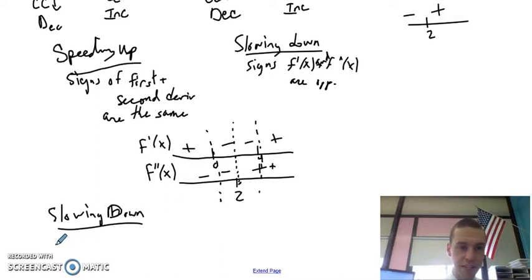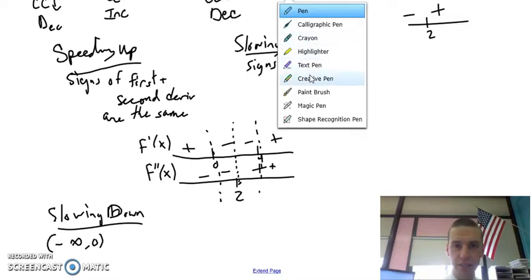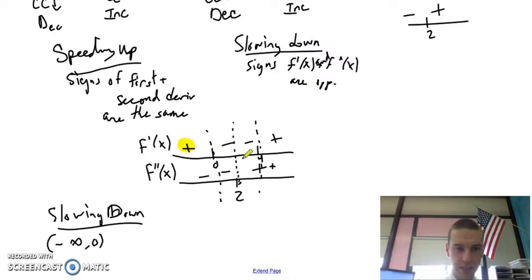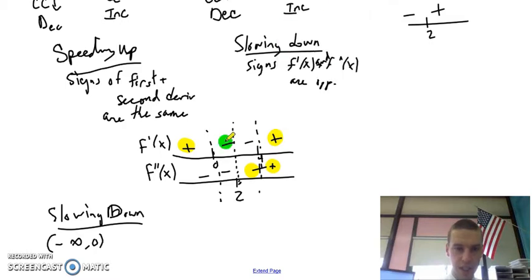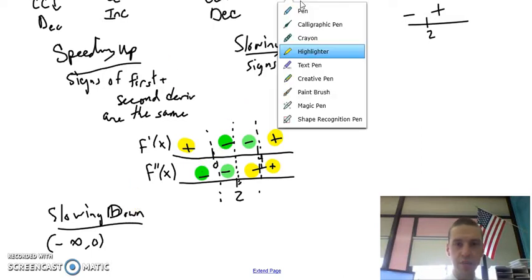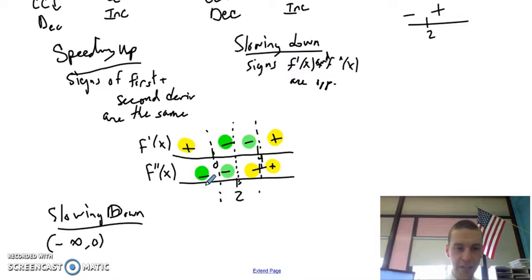We're slowing down from negative infinity to 0. And this is looking at second derivative, so we're open brackets. See how we are at positive, positive, positive, positive, negative, negative, negative, negative. So we're slowing down between negative infinity and 0, where they're opposite signs, and 2 to 4.